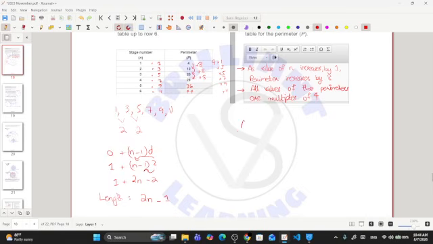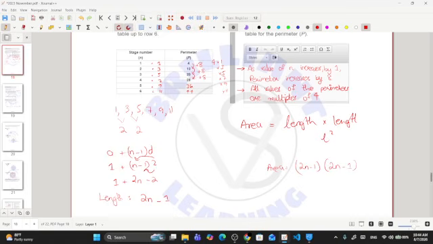If I have to find the area of a square, that is essentially the same thing as length multiplied by length, right? Or I can also say L squared, isn't it? So, can I write area being equivalent to 2n minus 1 multiplied by 2n minus 1? And can I get the right answer?